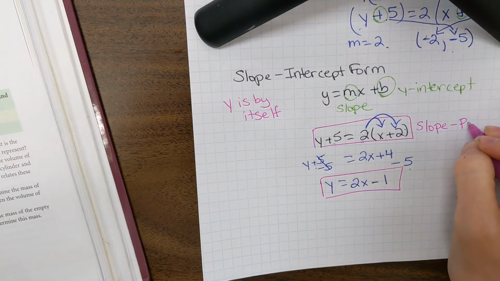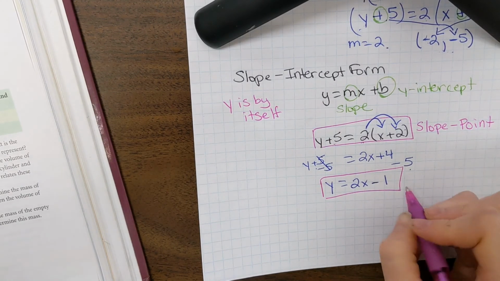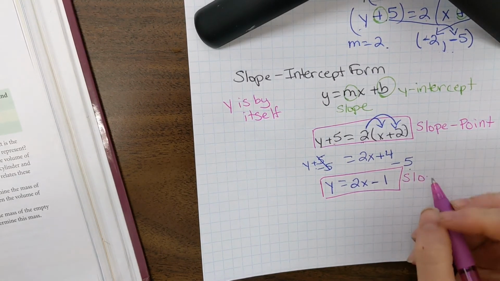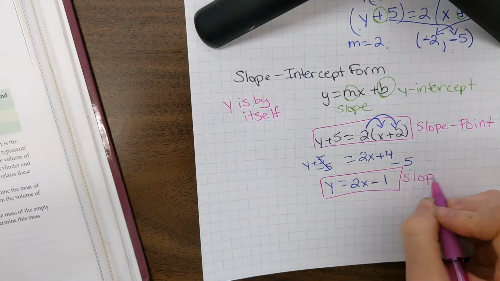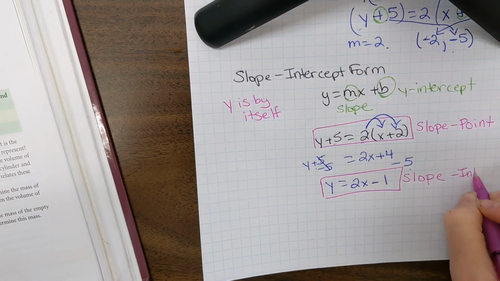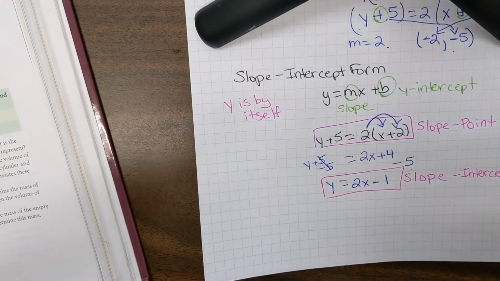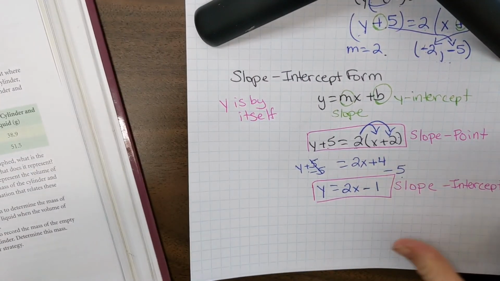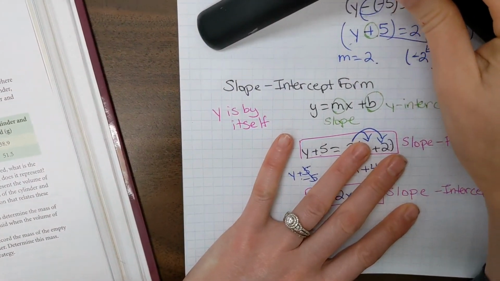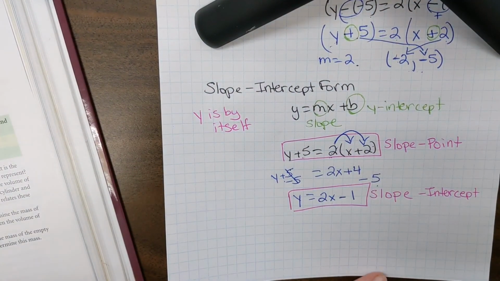They're both equations of a line or a linear equation. We have another format of a line called general form that we may or may not look at in the next few days. Okay, so I hope that makes sense to you.